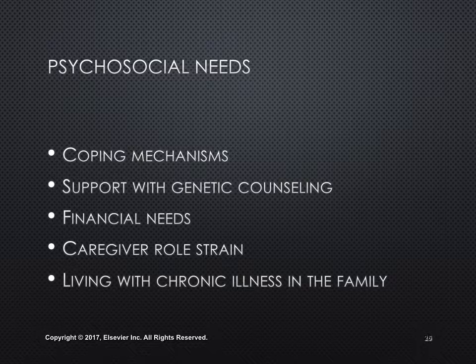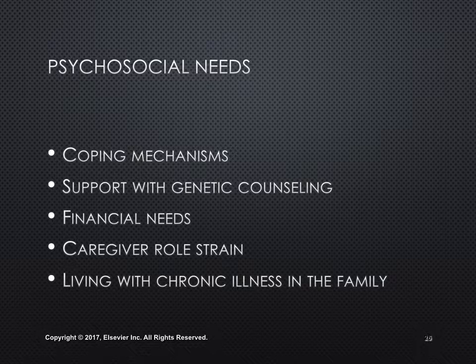There's a lot of psychosocial needs. Again, if you think about any child that has a chronic disorder, and sickle cell falls in that group of disorders, there's going to be psychosocial needs. Coping mechanisms and the development of them are going to be especially important because these kids have pain and they aren't able to do everything that their friends do because there's so many things that can precipitate them going into sickle cell crisis.